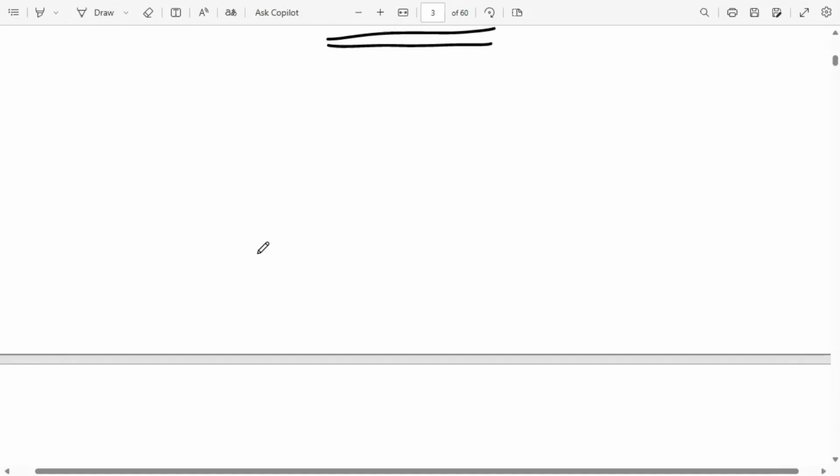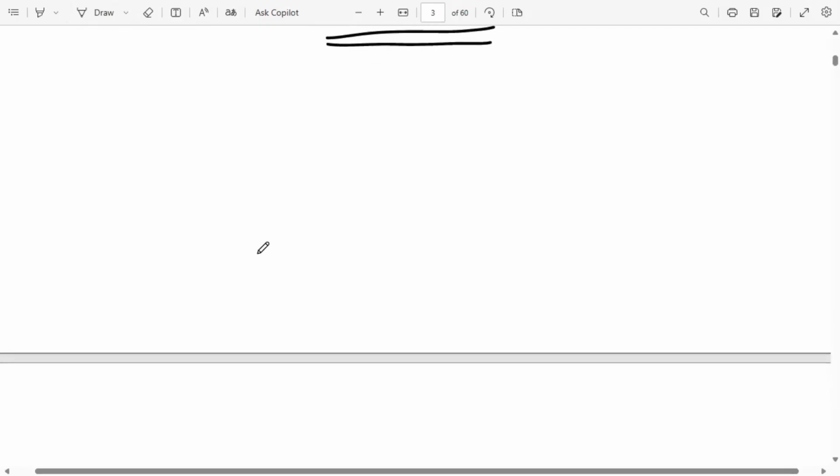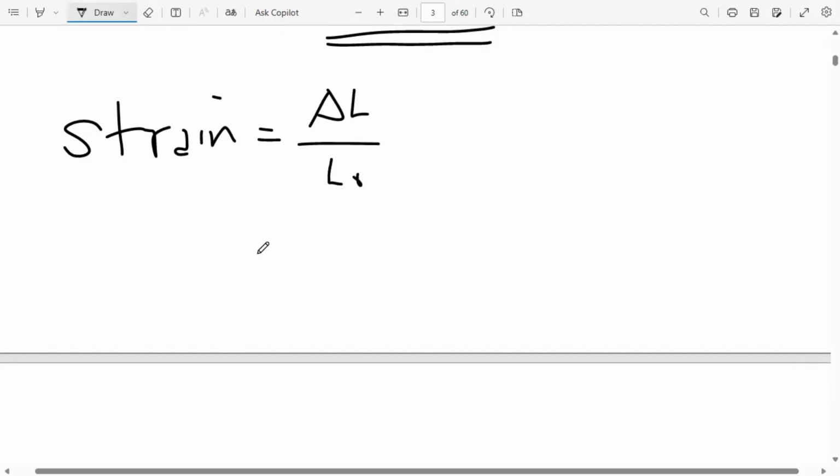lean to one side. So here we are dealing with Young's modulus, which means our strain will be a ratio between the change in length and the initial length. So this will be equal to delta L divided by L0. That's simply the strain. It's just a ratio and it's dimensionless.